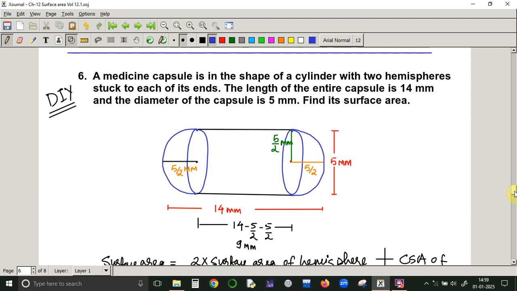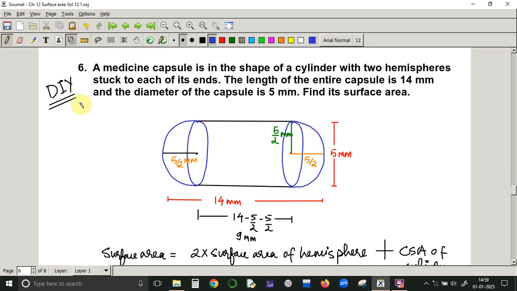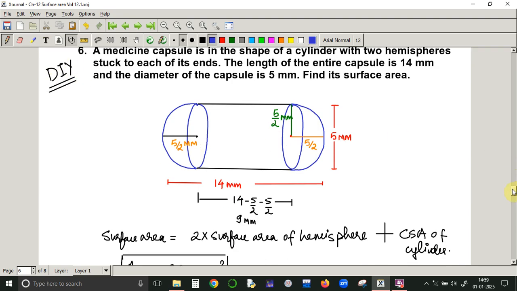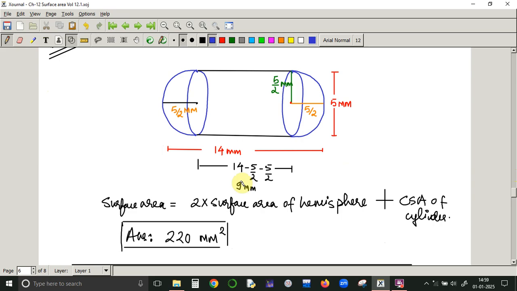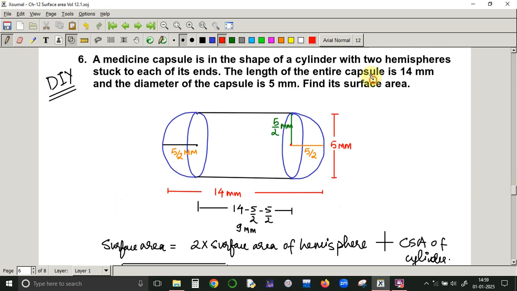This is the last question from this exercise, which I have left as do it yourself. But still I have given a small explanation for this. What we have to find is the surface area of this object. What is this object? A capsule.